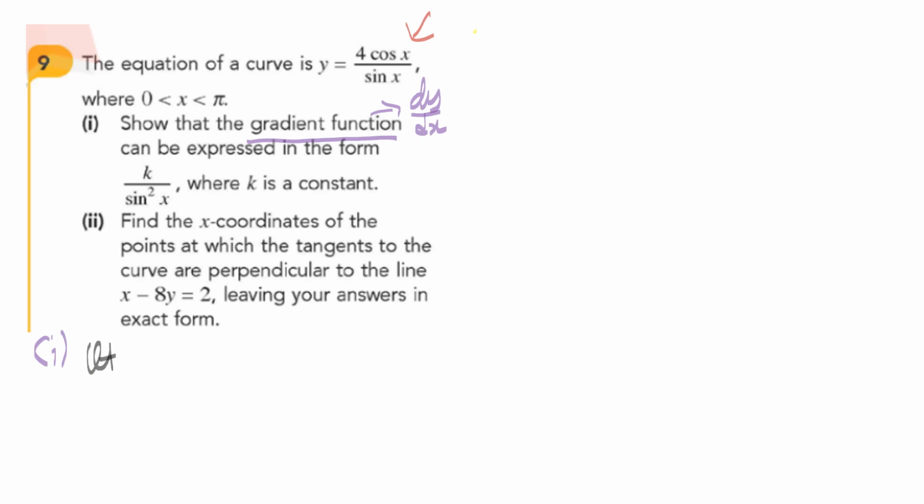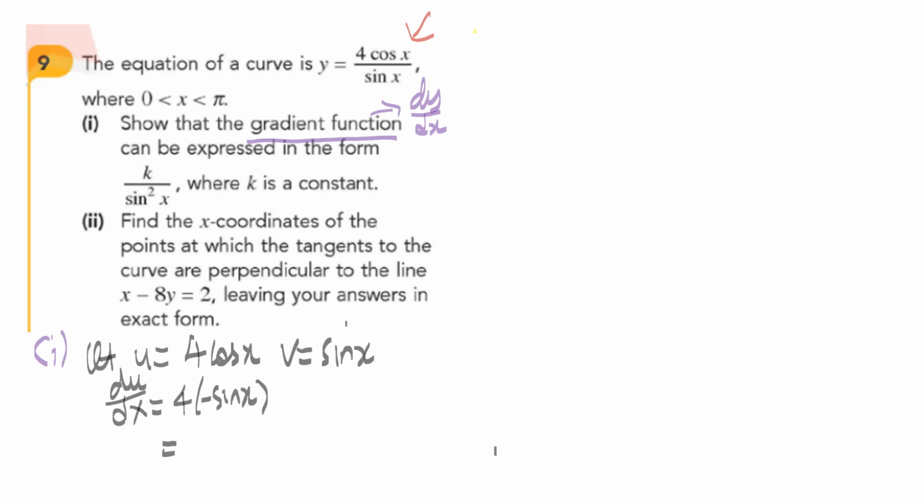So we're going to let u equal 4 cos x, and v equal sine x. Then du over dx, if you differentiate cos x, you would get negative sine x, so that will give you negative 4 sine x.